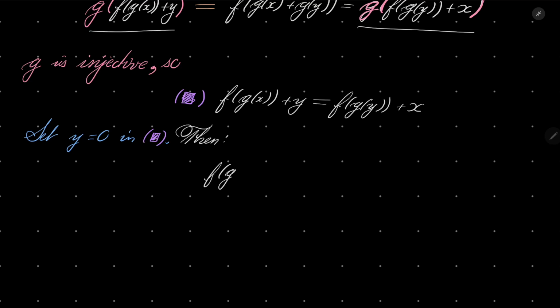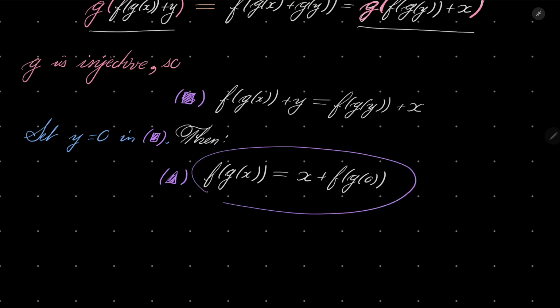F of g of x equals, well, y is 0, so it's x plus f of g of 0. And let's remember it. Let's mark it triangle. And let's keep it in mind.